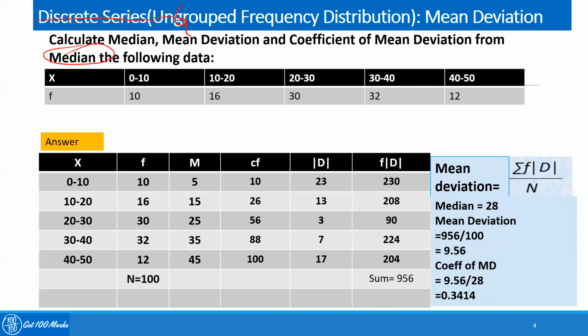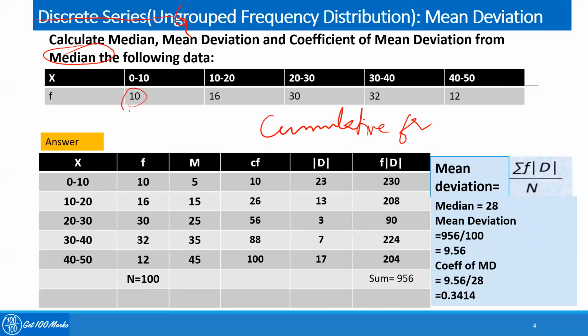So to calculate the median, the first step we always know is to find the cumulative frequency. Cumulative frequency is when we add the frequency from the top and the next value and then again the next value. I have taken x as it is, which is the class interval, then the frequencies as they are, and taken the mean value of each class interval, which is 5, 15, 25, 35 and so on.